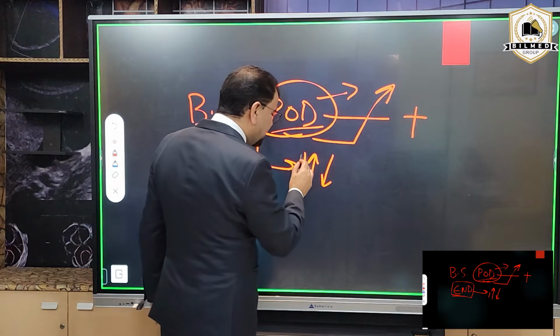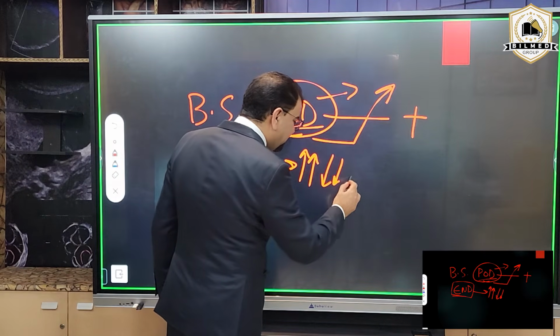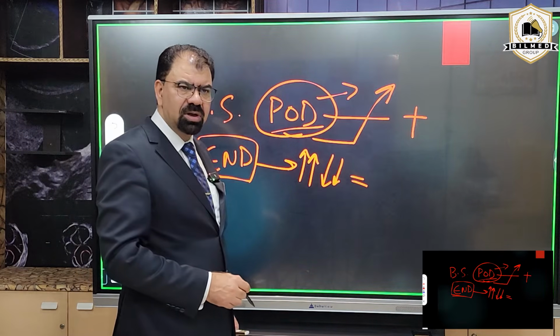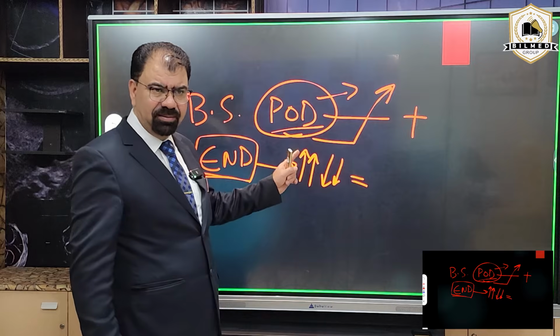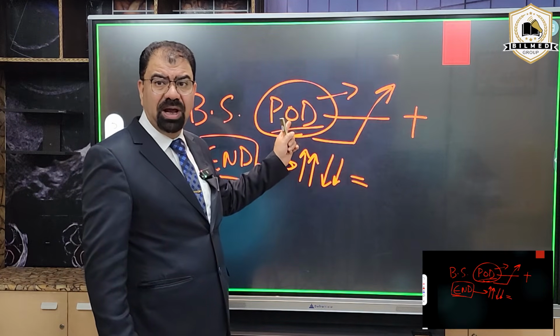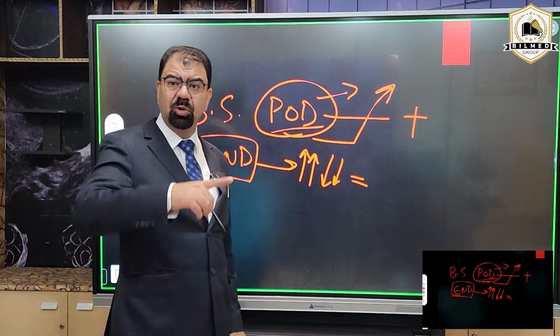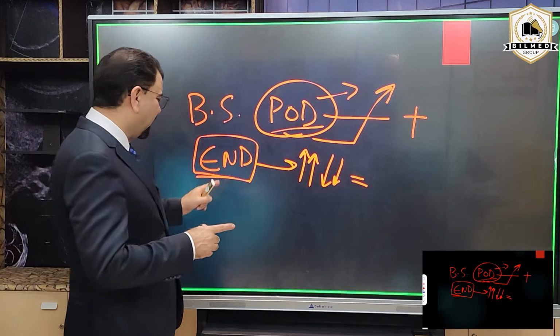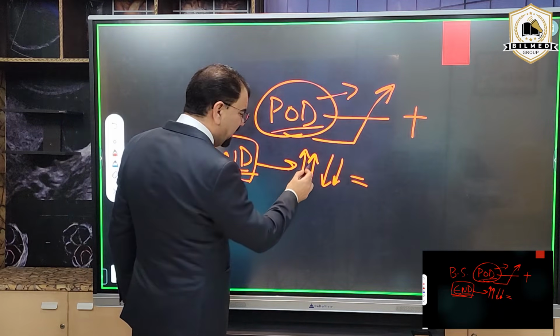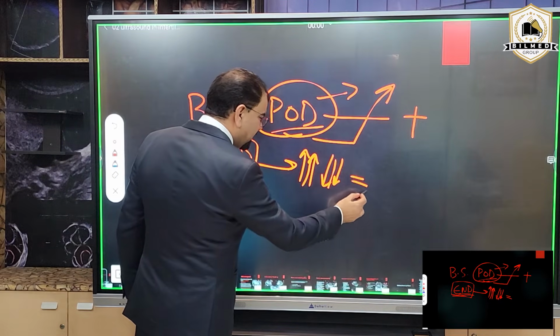Will it increase, decrease, or remain the same? Keep an eye on the comment box. Repeating the question for the last time, because here lies the answer: if that POD fluid is due to the rupture of the follicle, what will the endometrial echogenicity be, will it increase, decrease, or remain the same?